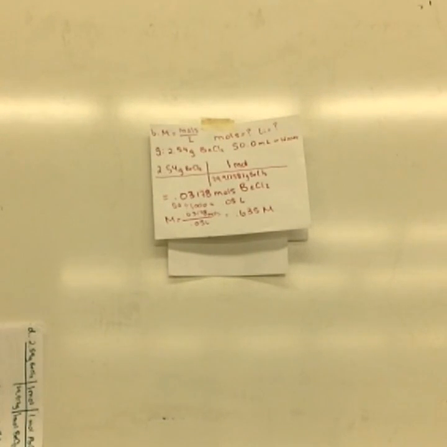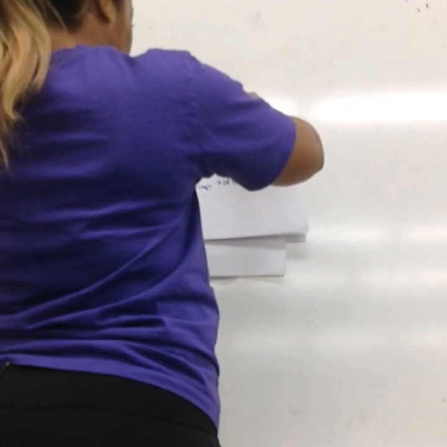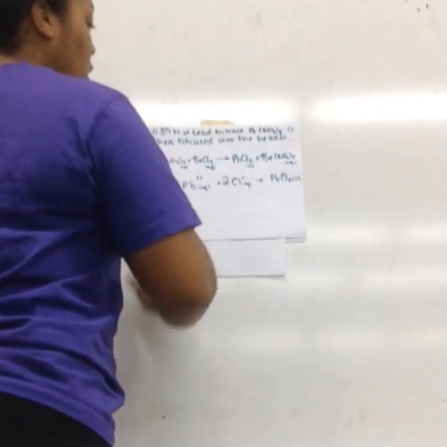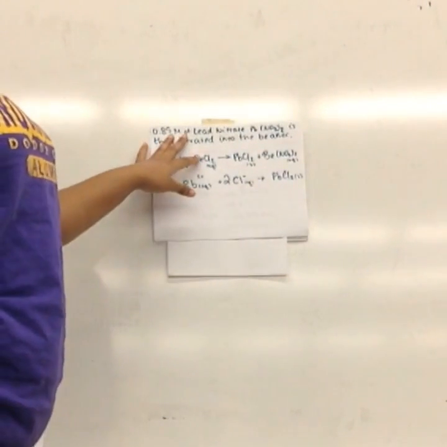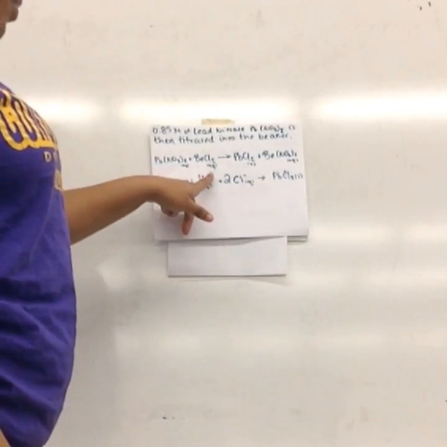Next question says, a solution of 0.85 molar lead nitrate is then titrated into the beaker, causing a precipitate of lead 2 chloride to form. Identify the net ionic reaction occurring in the beaker. So now that you have more in the beaker, we have to have a new equation. So you're going to have your lead nitrate plus your beryllium chloride.